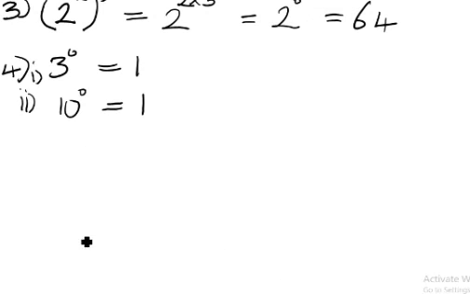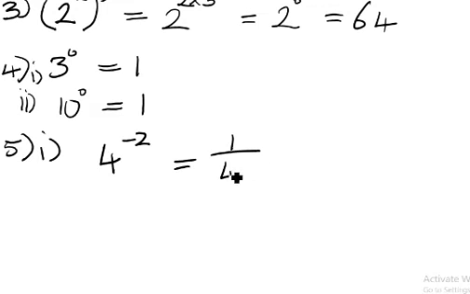Now example 5, the 5th law, not equation. I have number 5i. Let's take for example 4 raised to power minus 2 will give me 1 over 4 raised to power 2, which will give me 1 over 16.